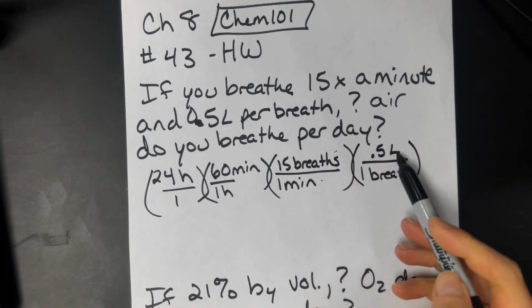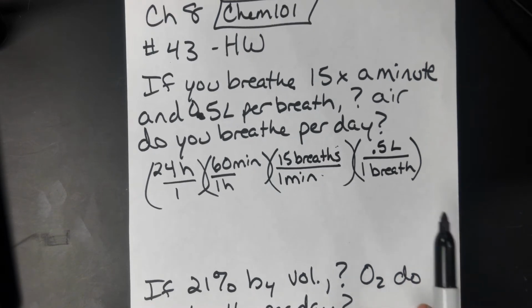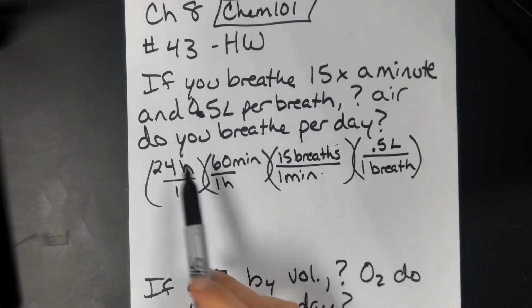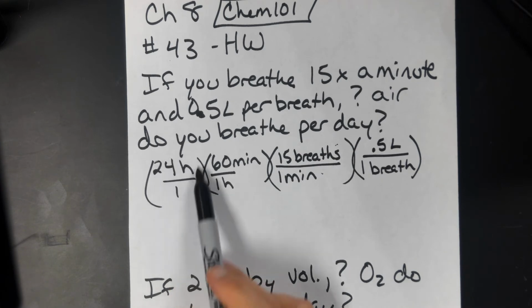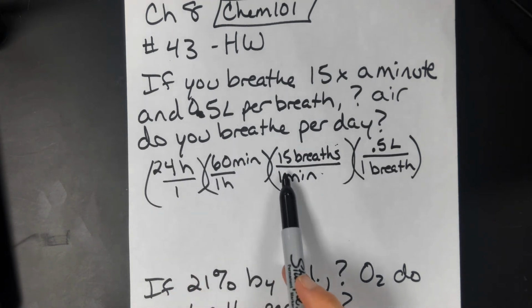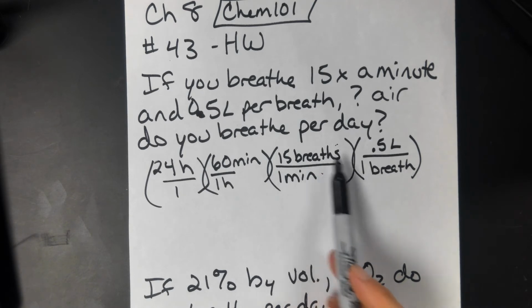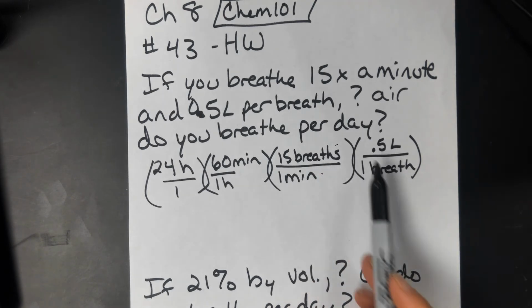Now I'm in units of liters. To recap briefly, because this is a throwback to unit conversions, start with your given: a time period of 24 hours. Turn that into minutes. You know that it's 15 breaths per minute. So I'm going to find units of breaths, and then each breath is this volume.